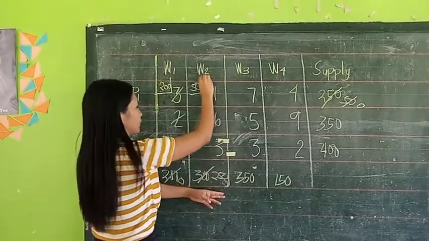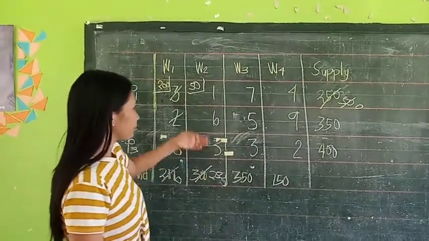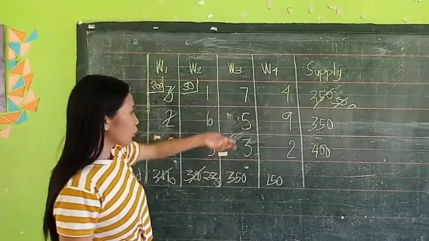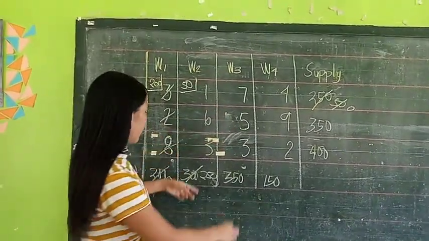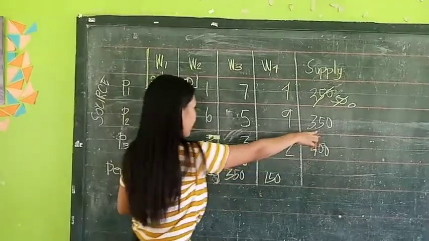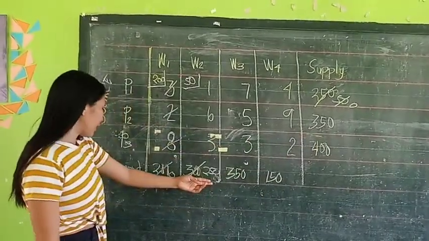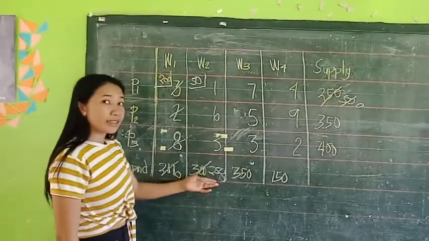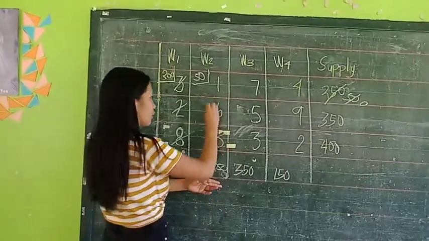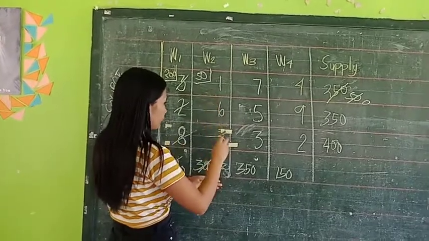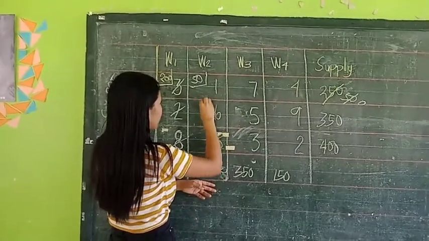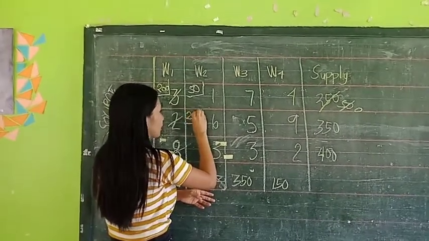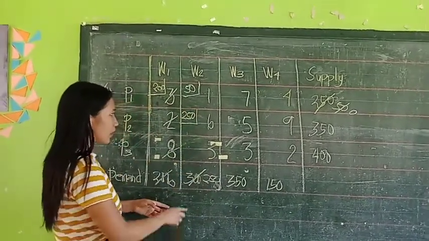Here is 250. So the demand is 250 and the supply is 350, and 250 is less than 350. So we put 250 here, since 250 is less than 300.